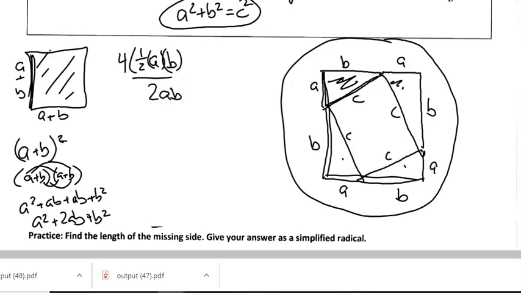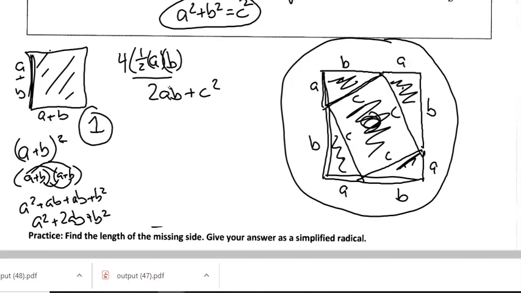That's accounting for that part, that part, that part, and that part. Now we also have to account for in here. This is a C by C, which is just C squared. So this is one way to calculate the area of that big figure, and this is another way, number 2, to find the area of the same exact figure.